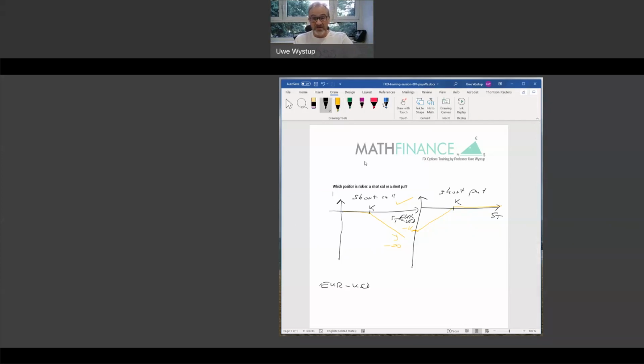Let me note that just to make that clear: price of €1 in dollar terms. So example, 1.25 means you would have to spend $1.25 US to buy €1.